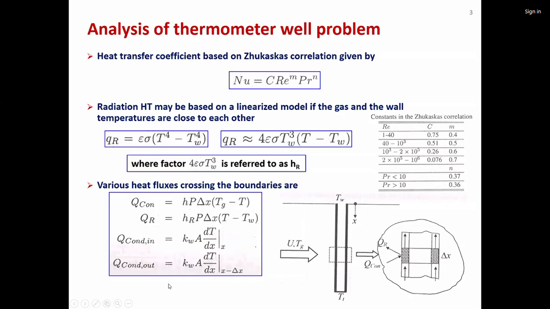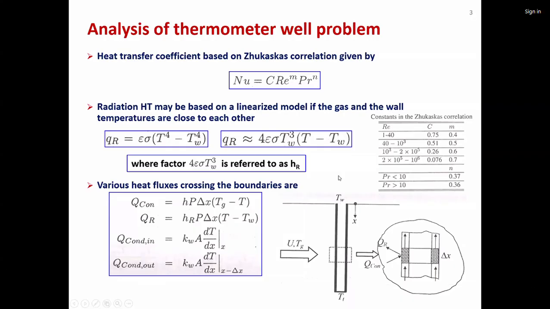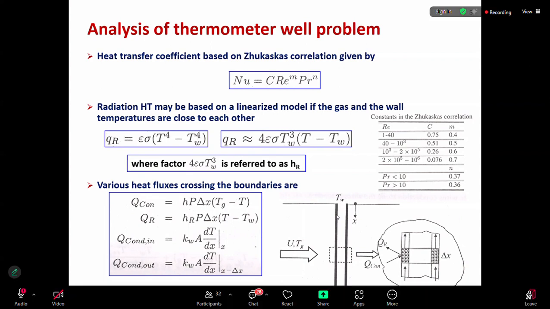Now the heat leaving is Kw into A into the temperature gradient at X minus delta X. So now we have all the heat exchanges taking place: conduction along the tube, convection from the gas to the surface, and radiation from the surface to the tube wall.